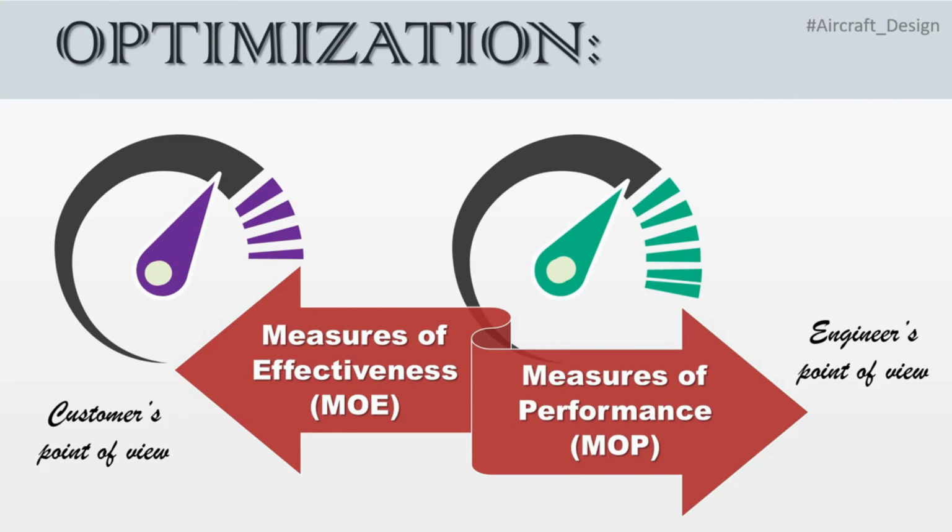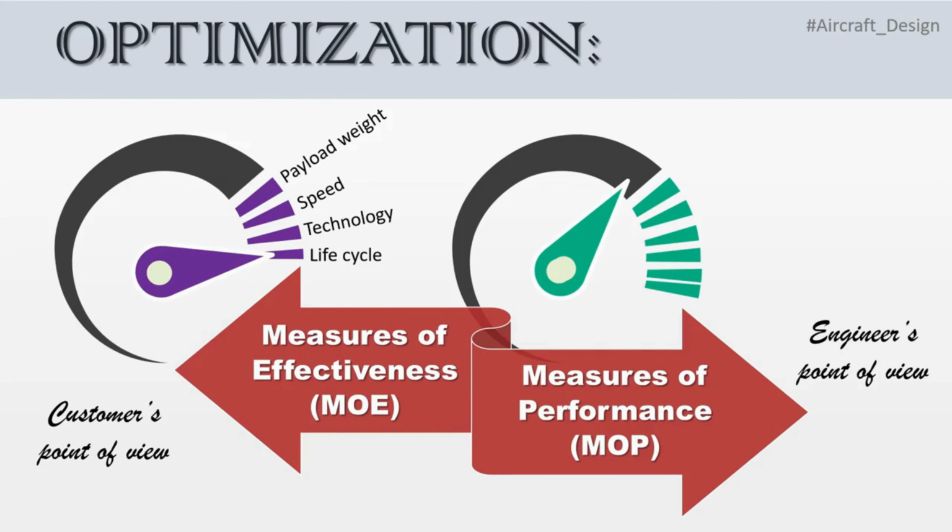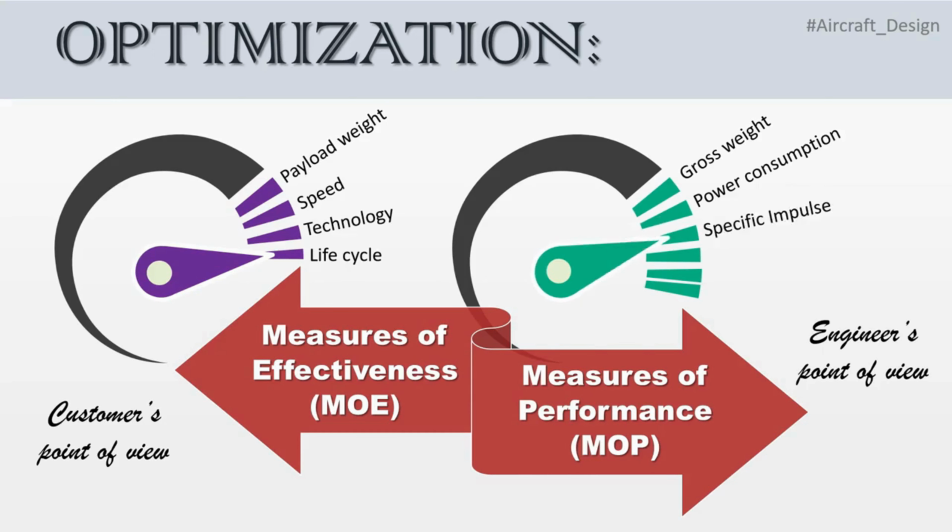What it says in measurements of customer is what is the amount of payload, what will be the speed, what will be the cargo capacity, what will be the advanced technology, schedule time, life cycle, etc. Whereas measurements of performance help to ensure how effectively those measurements have been satisfied by the engineers by means of how minimum gross weight, how minimum power consumption, how you are improving the specific impulse, how you are improving or enhancing landing and takeoff performance, and so on.